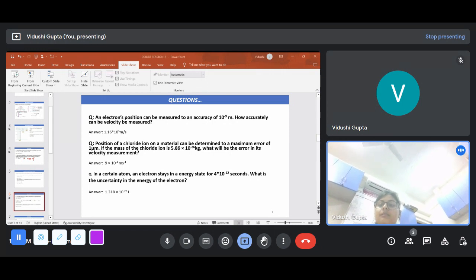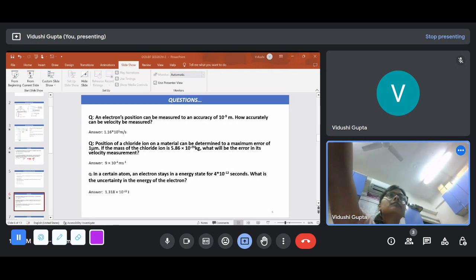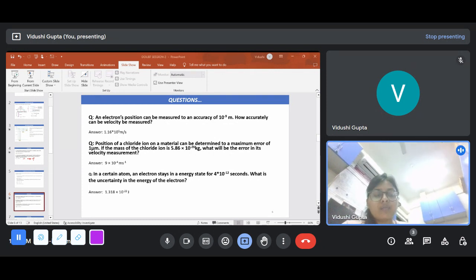So now let me erase this. Now we have to calculate the value of the commutator of px with Ly.